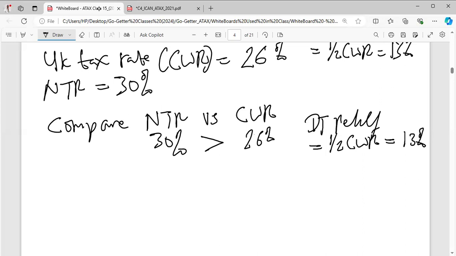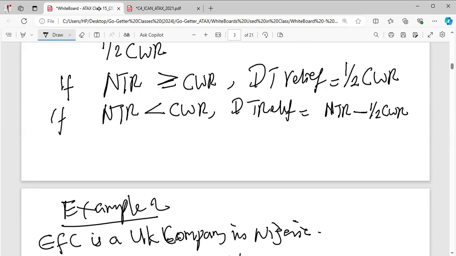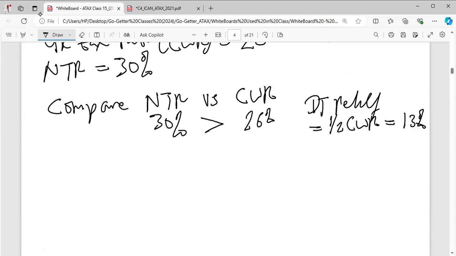Because it says here, if the Commonwealth rate is not bigger than Nigerian rate, that means it is lower or even equal, take half of the Commonwealth rate.